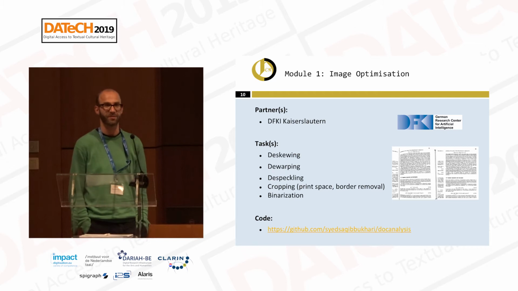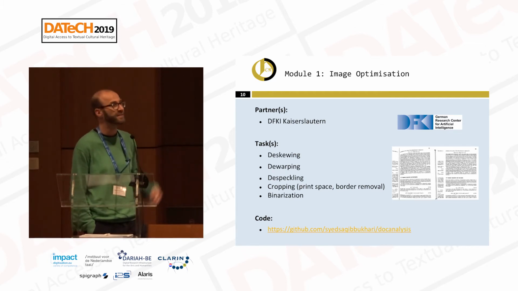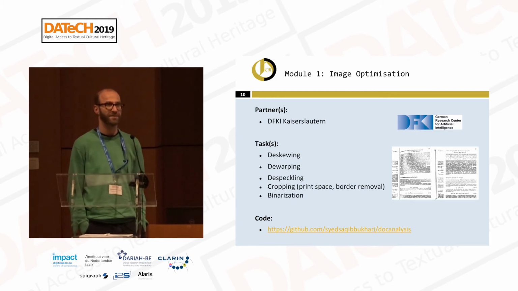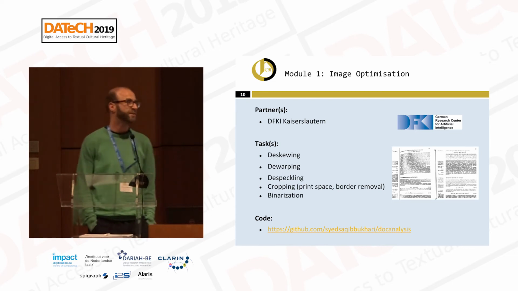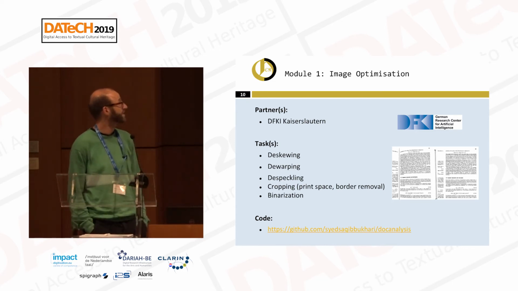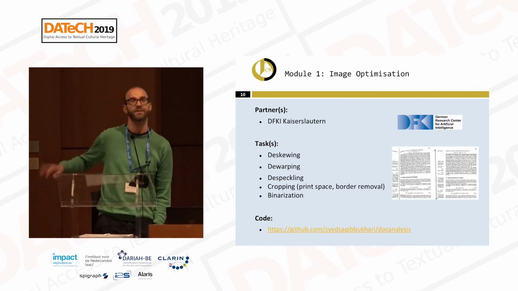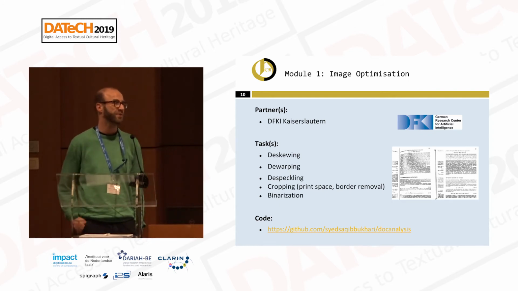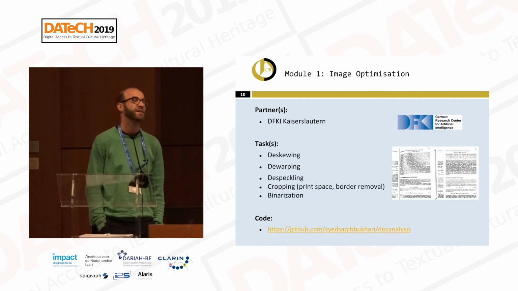The first one is also the first step in the processing workflow, image optimization, and you have here the, I think, quite familiar common pre-processing methods: deskewing, so skew correction, and dewarping, which is a bit more challenging, where you have a non-linear warping on the page, for example caused by humidity.